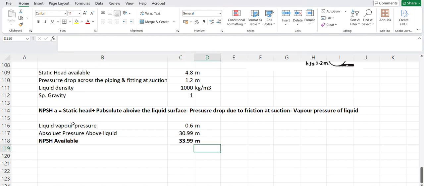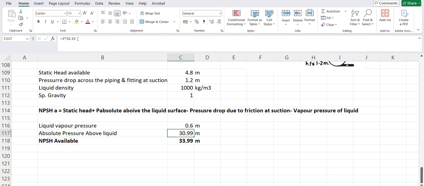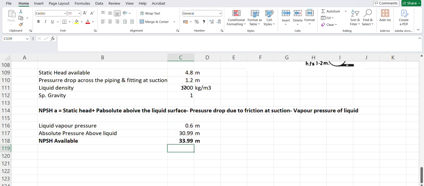In this case, we have two bar gauge of pressure available above the liquid surface, so we have to convert it into absolute. We converted that 3 into absolute and simply put it down. NPSH available is static head plus P absolute minus delta P across the fitting and the vapor pressure.